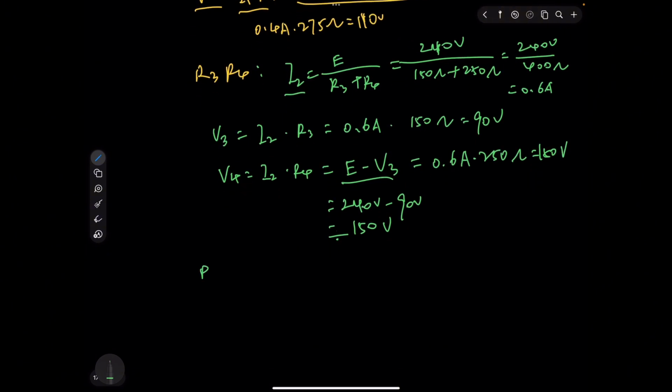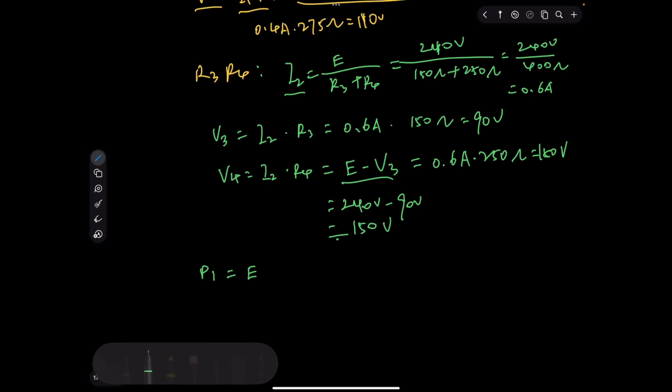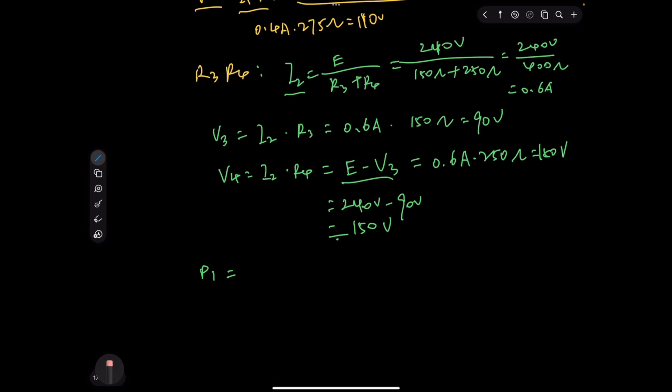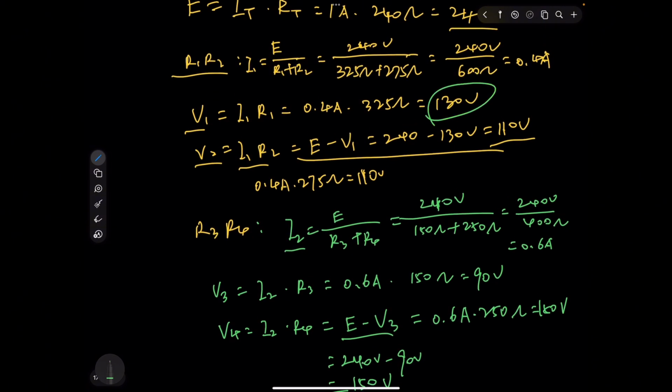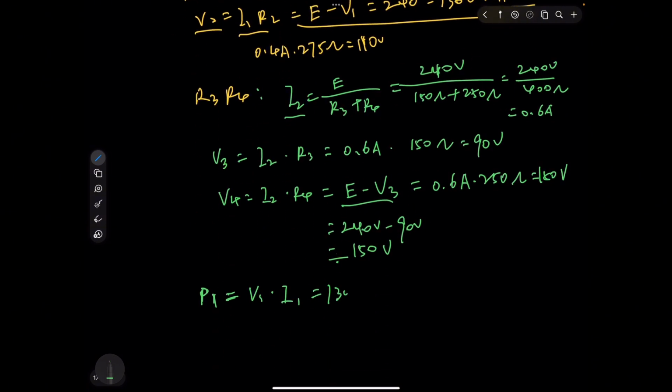And for the power P1, we can use V1 times I1. V1 is 130 times 0.4 amps, which is 52 watts.